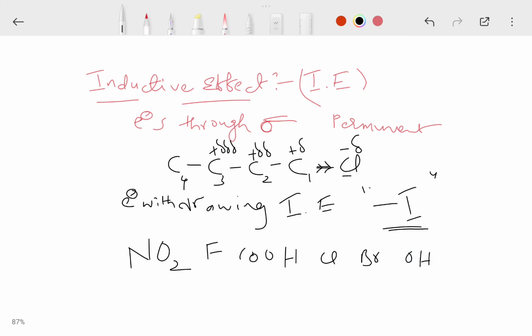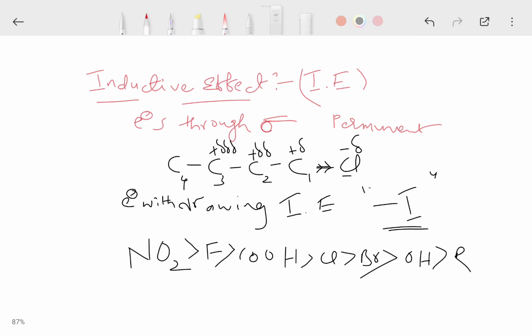The order of groups exhibiting minus I effect is NO2 is greater than fluorine is greater than COOH group is greater than Cl is greater than Br is greater than OH is greater than alkyl groups. Alkyl groups means any alkyl groups.